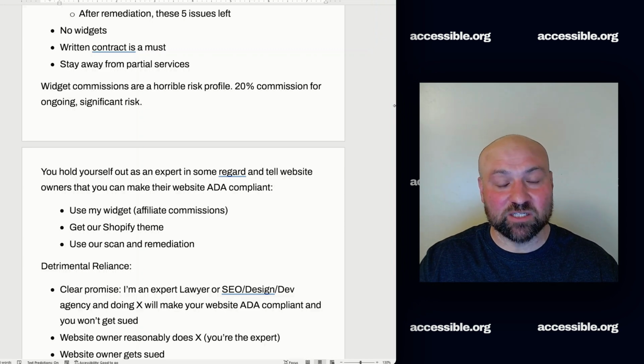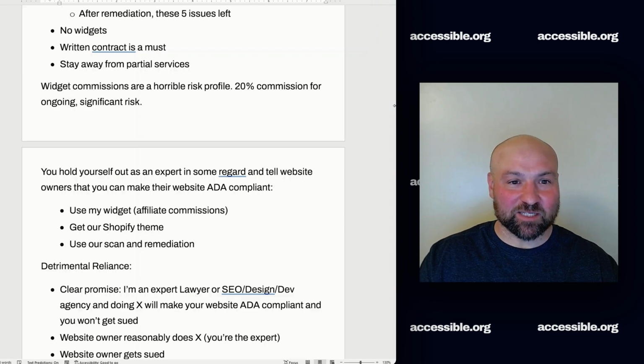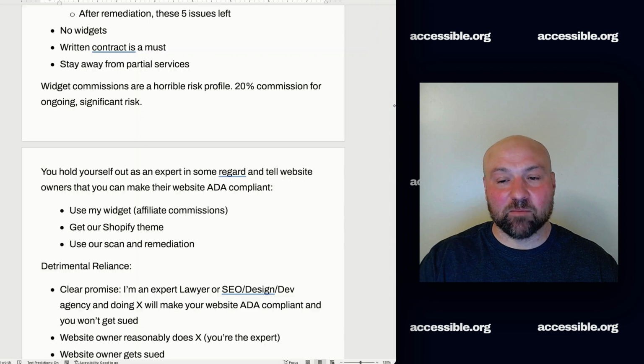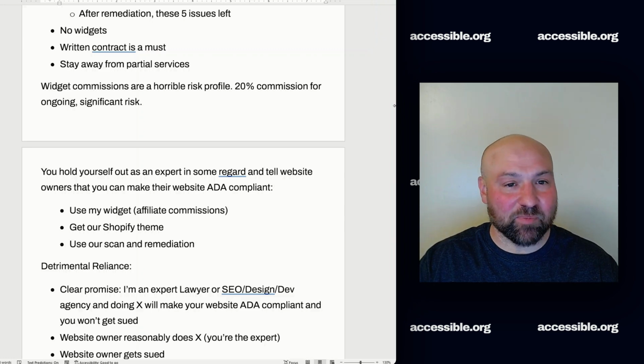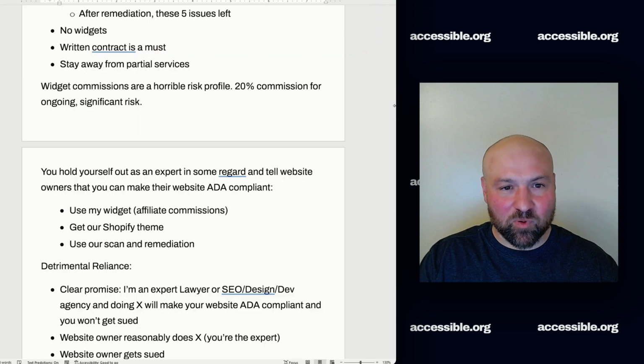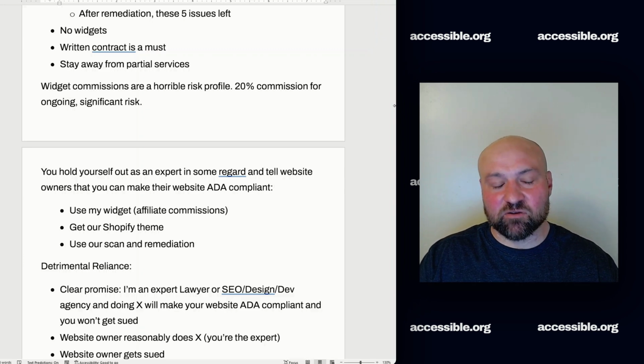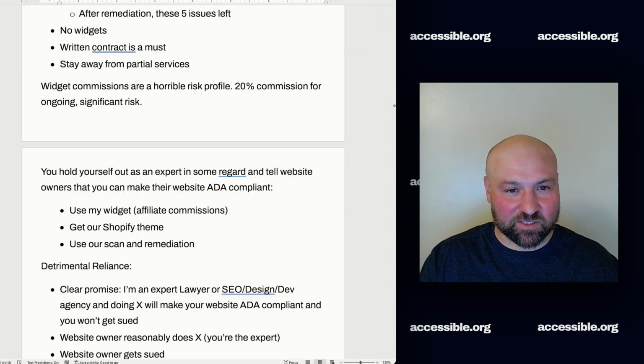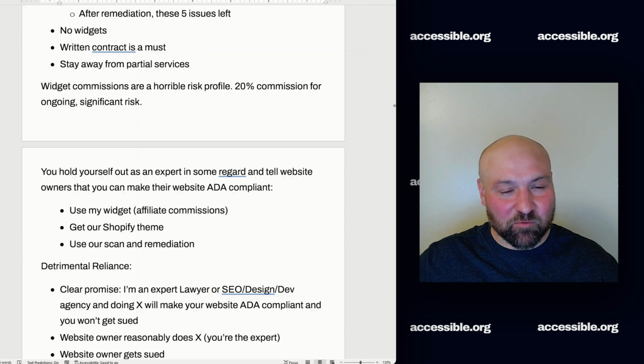They're recommending widgets because they don't know any better. There are Shopify experts. I know of examples off the top of my head. That is the reason I'm going through this. It happens all the time. There are people that will partner up or have partnered up with overlay widgets, and you don't want to go down that path. In fact, there are prestigious law firms that have partnered up with the wrong partner.